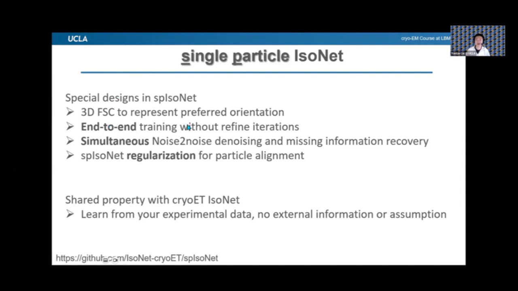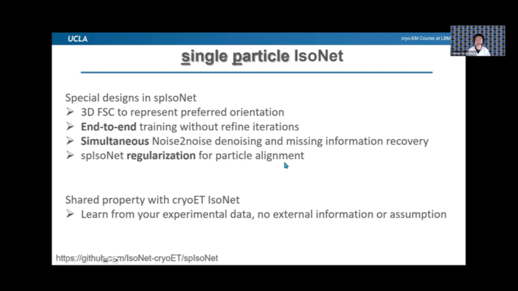And this is end-to-end training. Because the isoNet has iterations, but for this single particle isoNet it does not have to go through iterations, it is end-to-end. And we also implemented noise to noise, and have a spIsoNet regularization for the particle alignment.